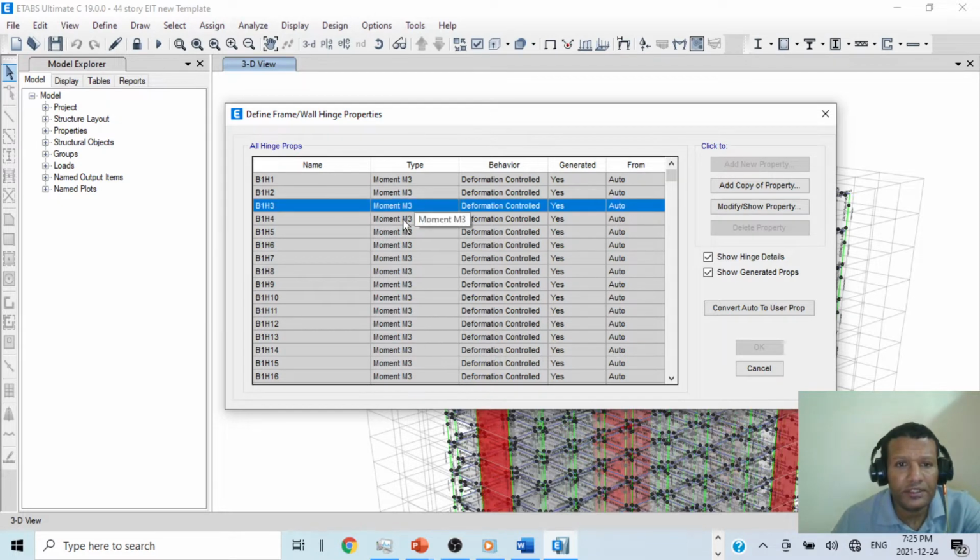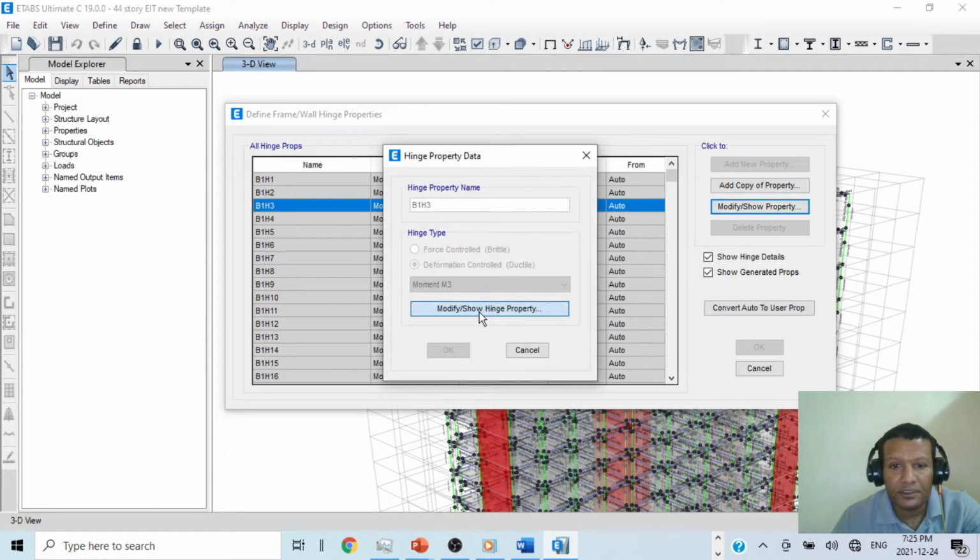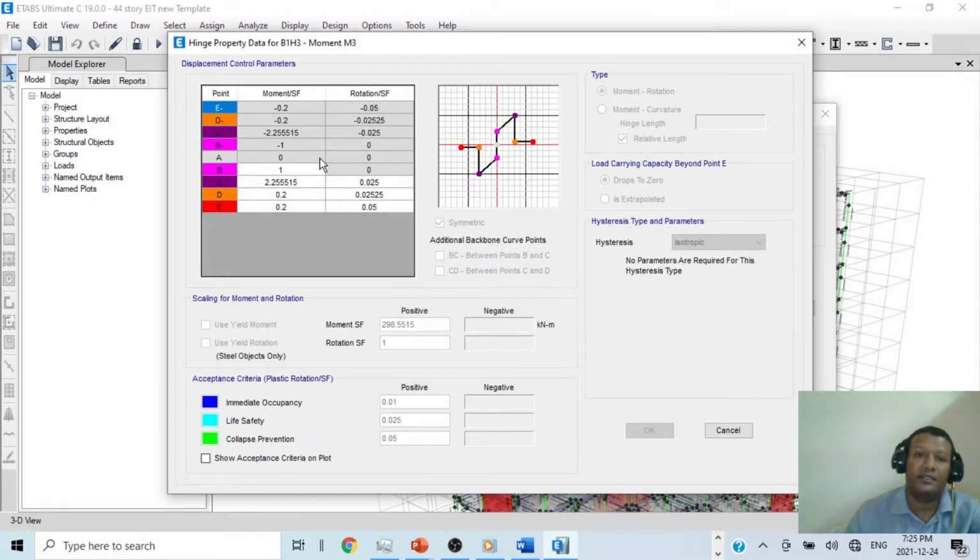If you want to see, for example, moment here, modify and show, this is the force deformation curve we assign for each joint. As you can see, this is the force deformation curve we assign for concrete, and this is moment rotation.